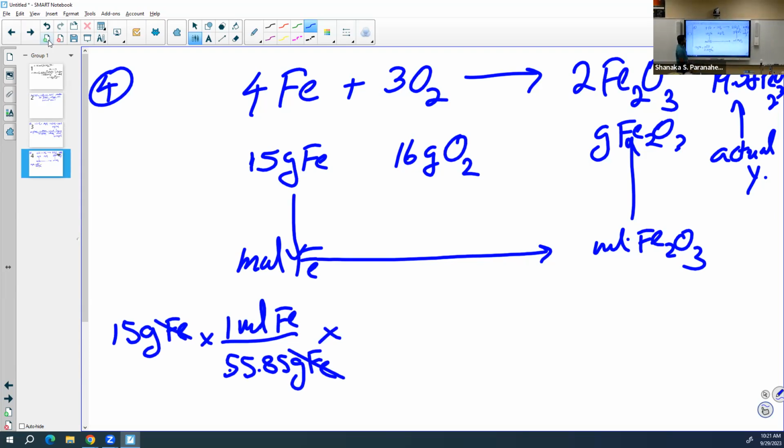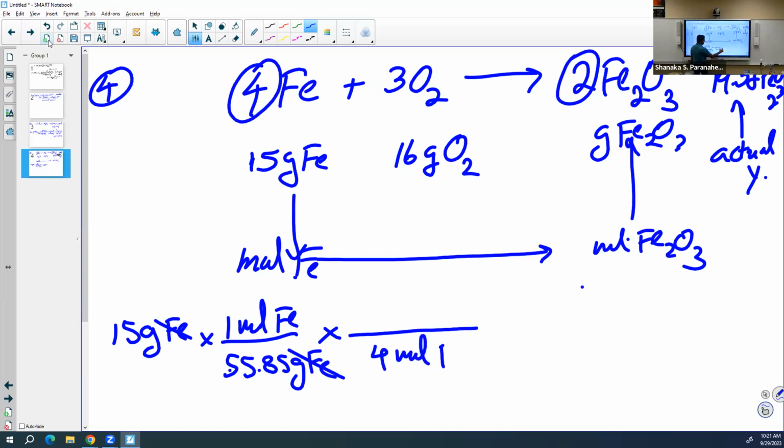Next, moles of iron into moles of Fe2O3. We use the coefficients 4 to 2. So 4 moles of iron produce 2 moles of Fe2O3. That's what we learned on Wednesday afternoon, mass to mass.